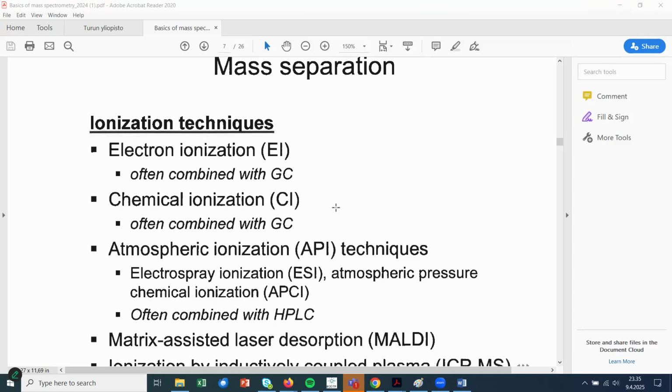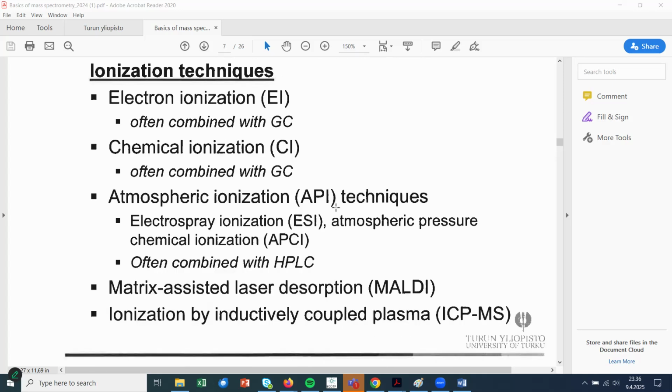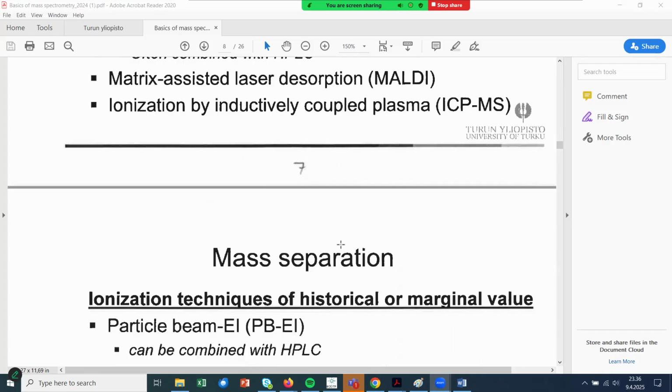Atmospheric ionization techniques are quite often combined with HPLC, liquid chromatography. They can handle the solvent flows, and the ionization takes place after that. Then we have certain other types of techniques, which I'm not going to introduce that much in this lecture, but of course you can study them by yourself and learn more about them.